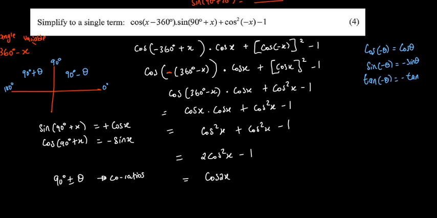This is because we are talking about the fourth quadrant for negative angles. So since I had cos negative x, I then said that should give me cos x according to this. And then from there, I say cos x times cos x is just cos squared x. Is it clear?